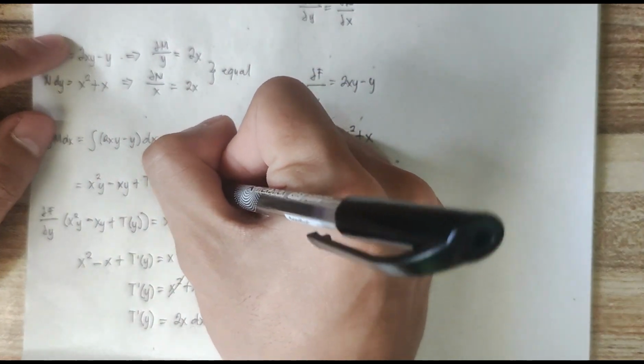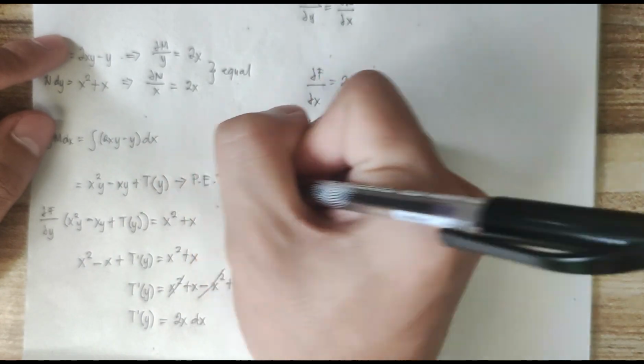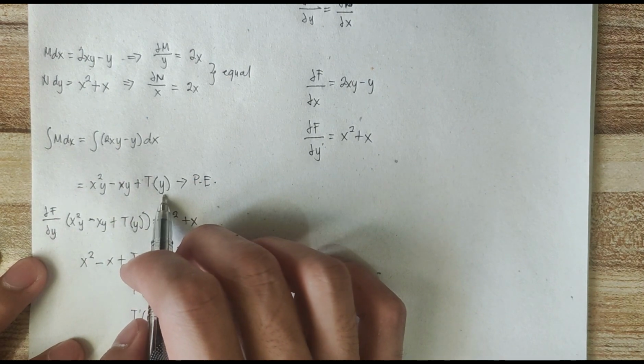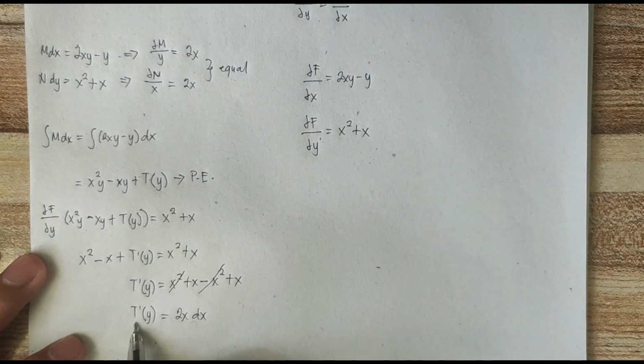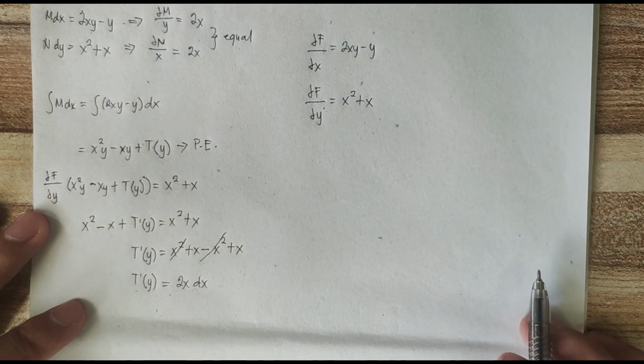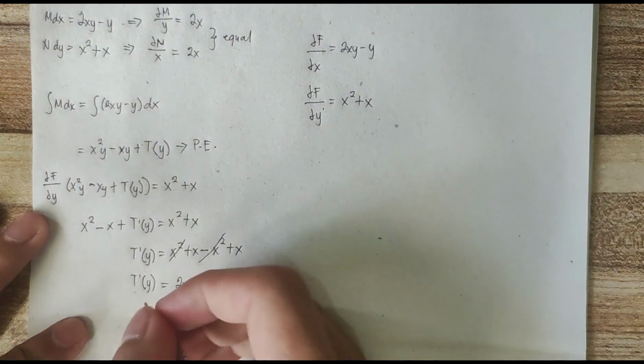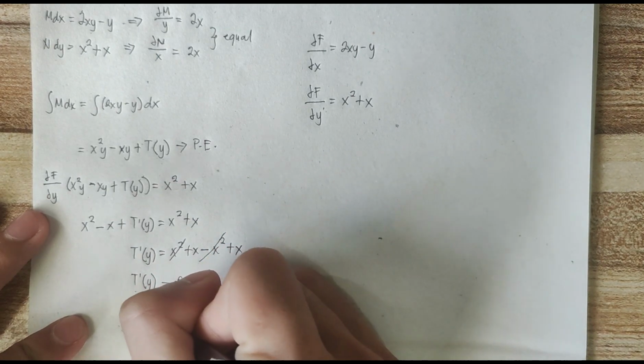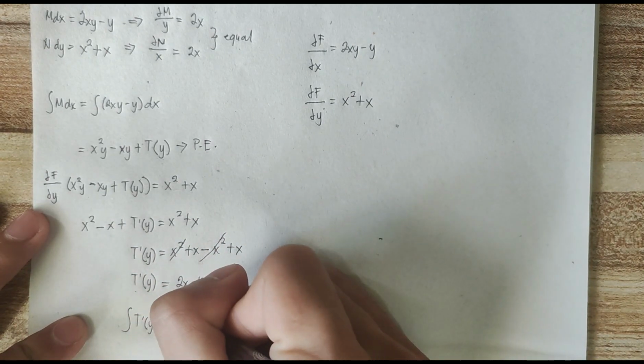So this is now our partial equation, and we need to find the value of our t of y. Given t prime of y equals 2x dx, to find t of y we simply integrate both sides. So the integration of t prime of y equals the integration of 2x dx.